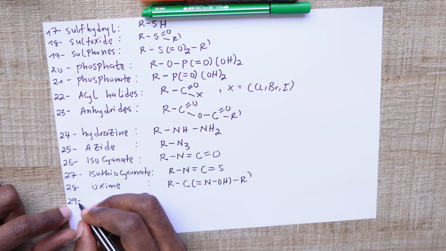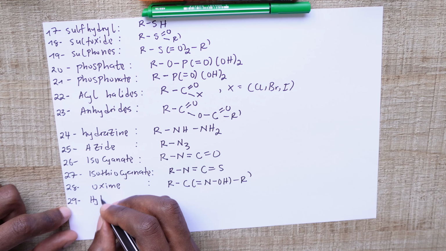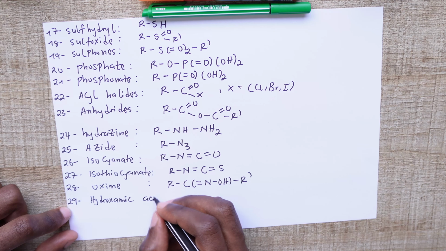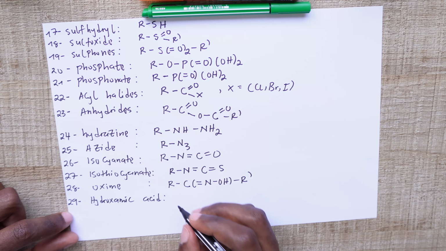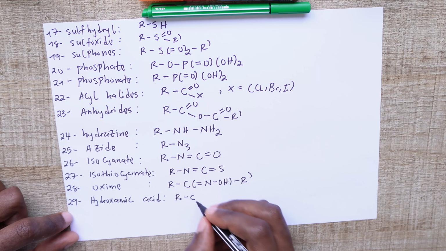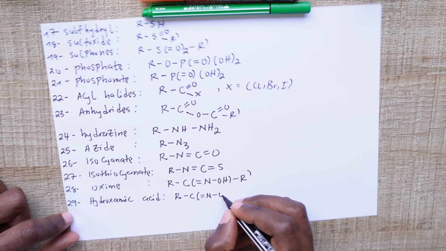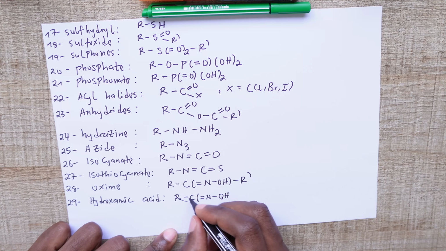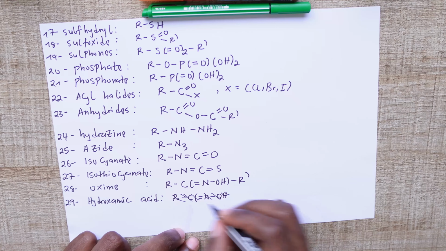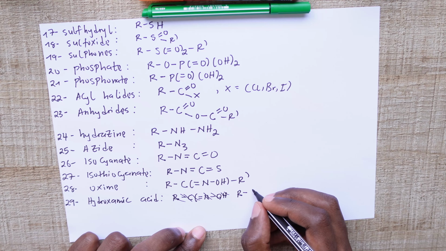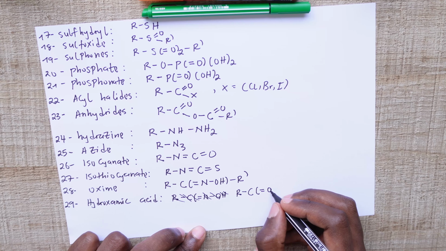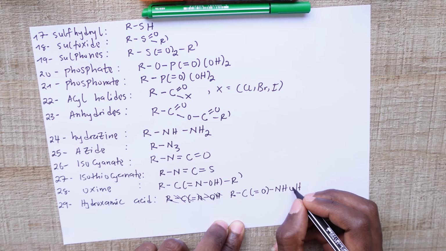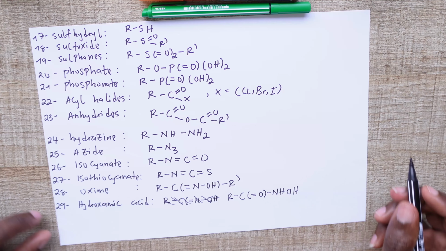Then you have the hydroxamic acid, which has as functional group R, C, N, O, H. No, let me correct that. So it's R, C, O, sorry, then NHOH. The hydroxamic acid is an acid.